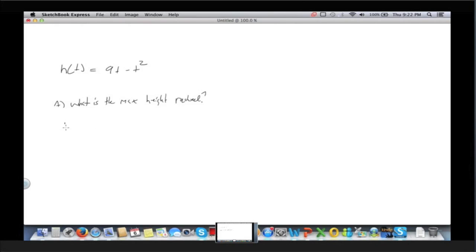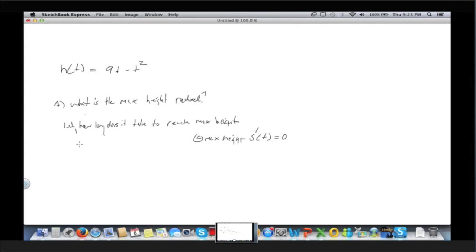So first we need to find how long does it take to reach max height? And also at max height, s prime of t equals 0.